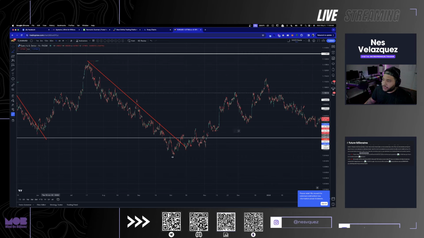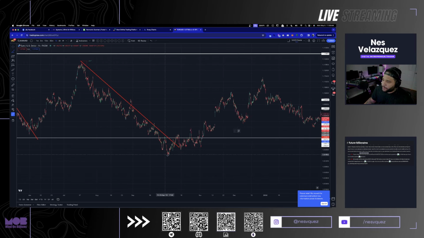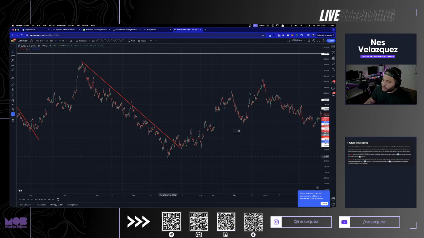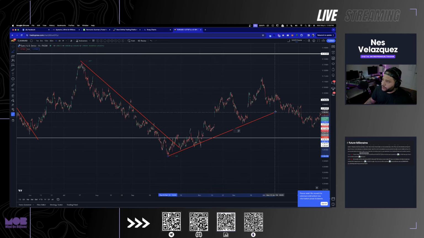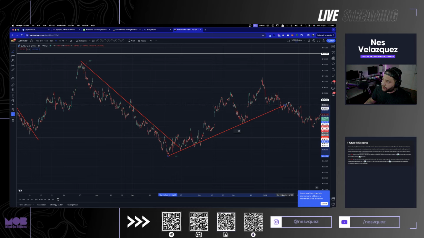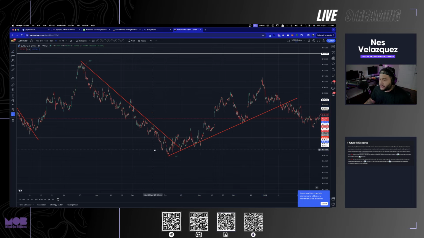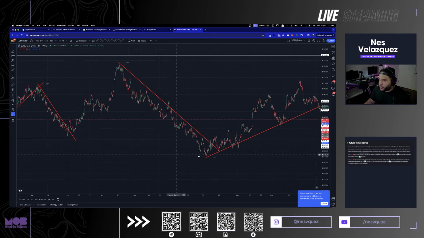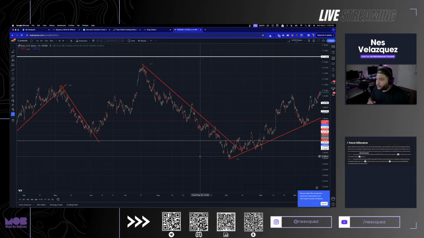But as you're going to see, the market is basically consisting of trends within trends within trends within trends. And just like the properties of a support and resistance line, a lot of times support could become resistance, or resistance could become support.